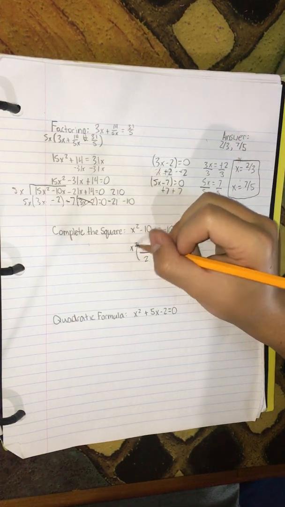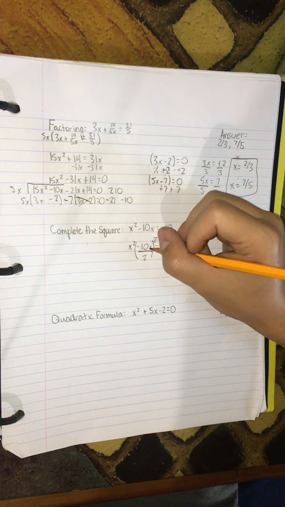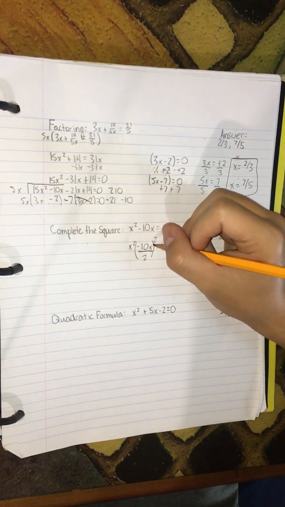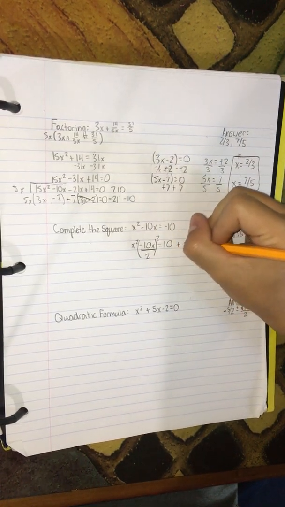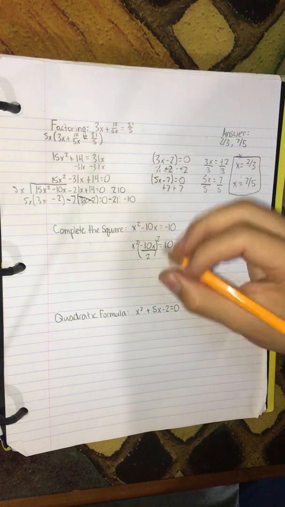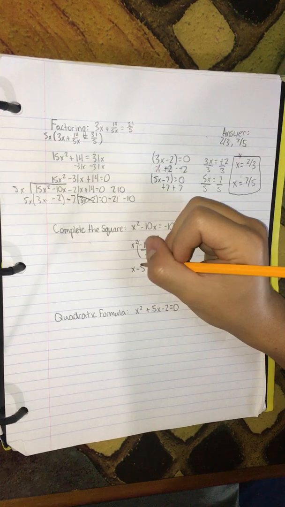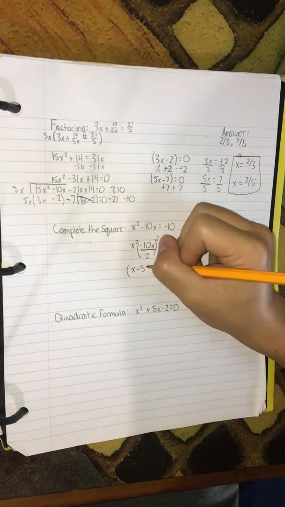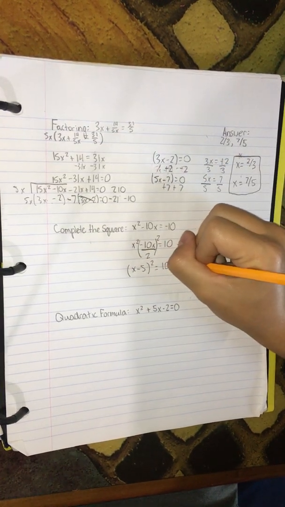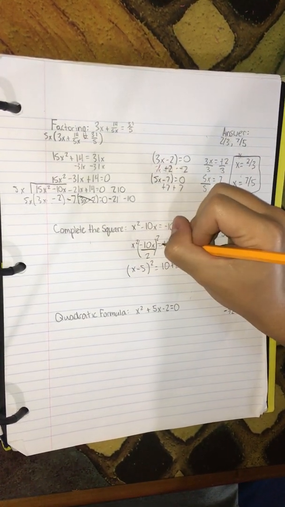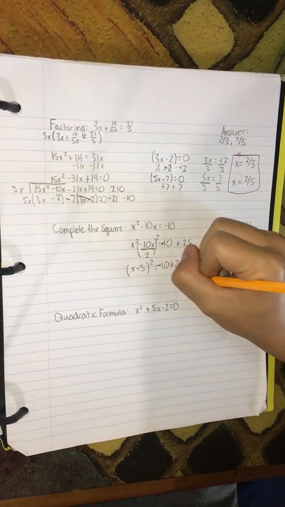Negative 10x divided by 2 squared is 25. So you add 25 to both sides, and your new equation is x minus 5 squared equals negative 10 plus 25. Negative 10 plus 25 is 15.